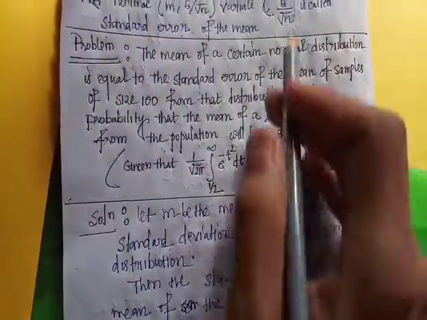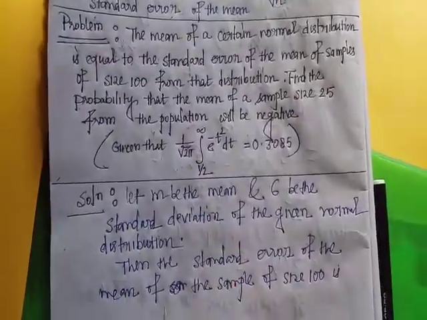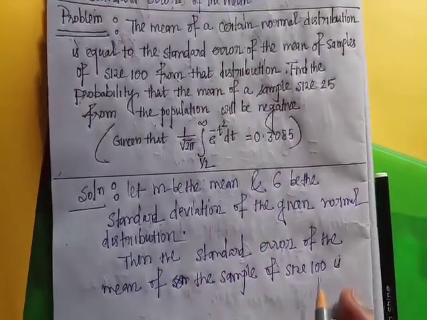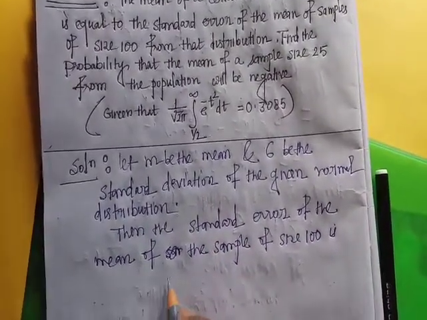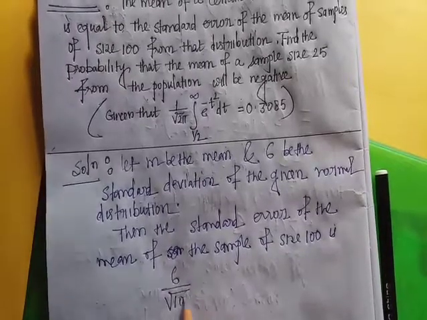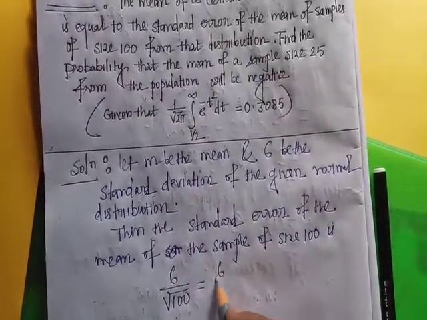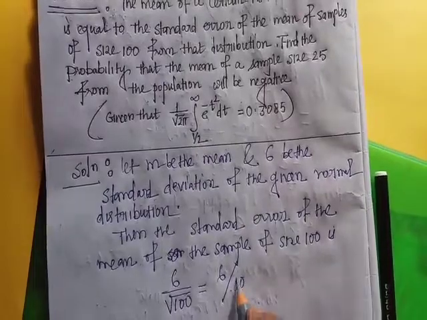So here n is 100. So standard error of the mean of the sample size 100 is sigma by root over 100, that is sigma by 10.